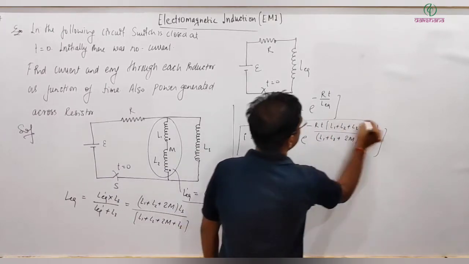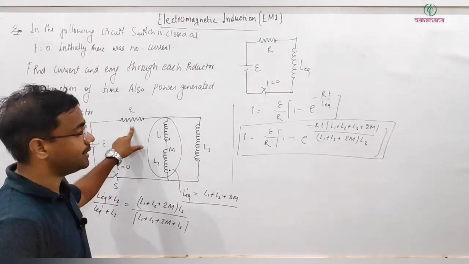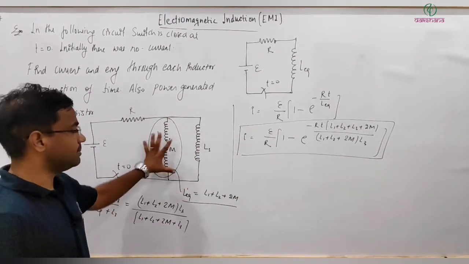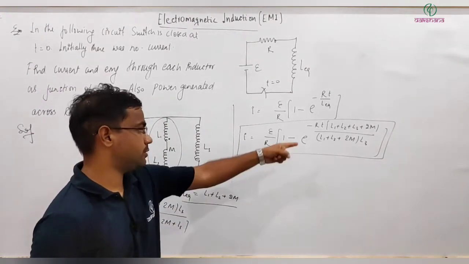So this is the net current through the resistor, or through this complete system. I got the total current as a function of time.